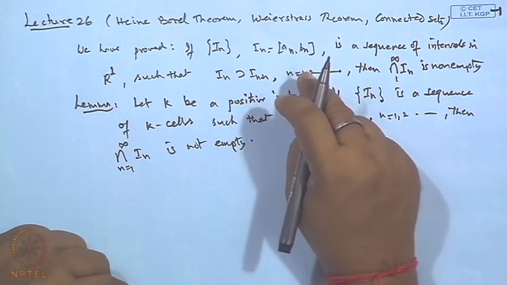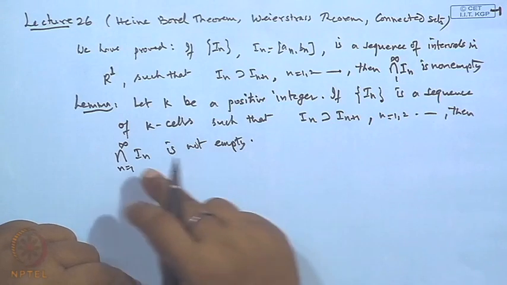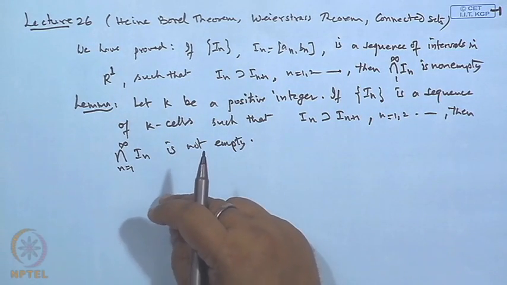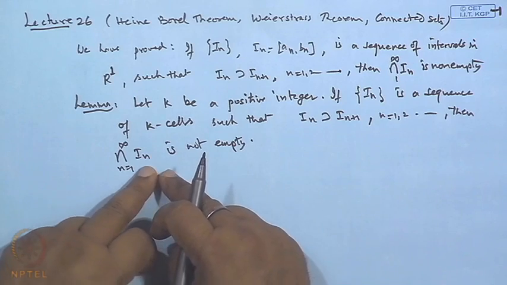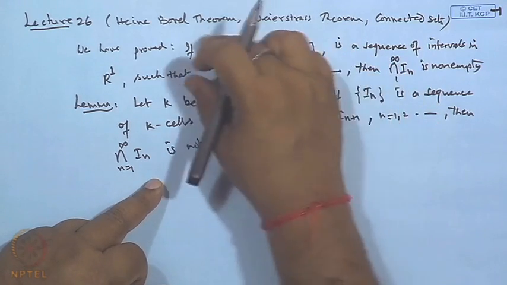The proof runs on similar lines as before. We fix j, take each I_n's j-th interval for fixed j, and apply the earlier result. Then we get the result.